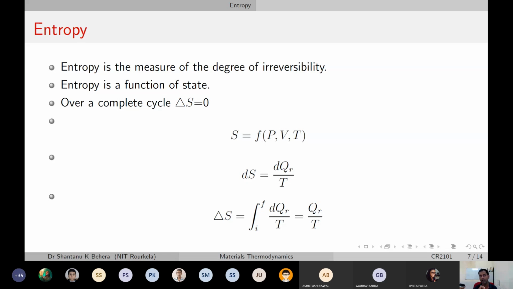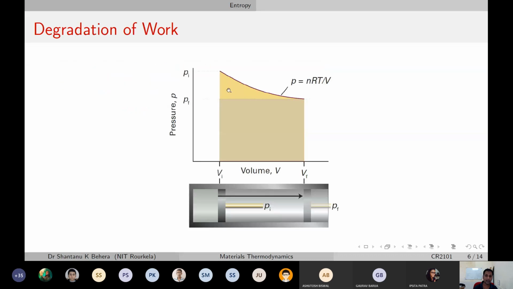It will quantify how irreversible the process has been. Now, if you go back to the same thing, you can actually do no work by expanding it into vacuum. Vacuum is what? What is the pressure? Zero pressure, right? That means you are bringing it from here to here.